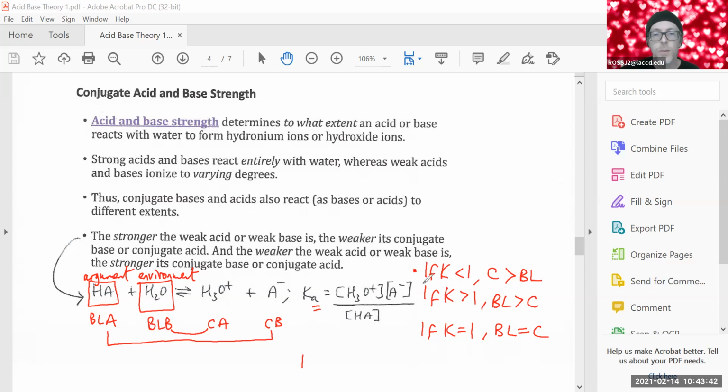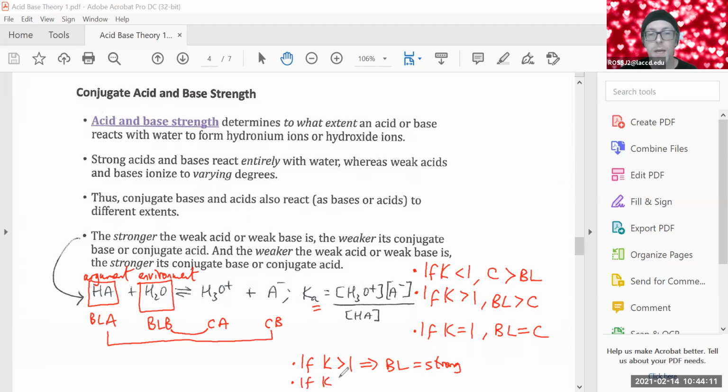These are all good bullet points here. Another bullet point I'll put down here. If K is greater than 1, whatever the argument is, which is always going to be a Bronsted-Lowry, whether it be acid or base, we say it's strong. It's a strong electrolyte, strong acid, strong base, what have you.